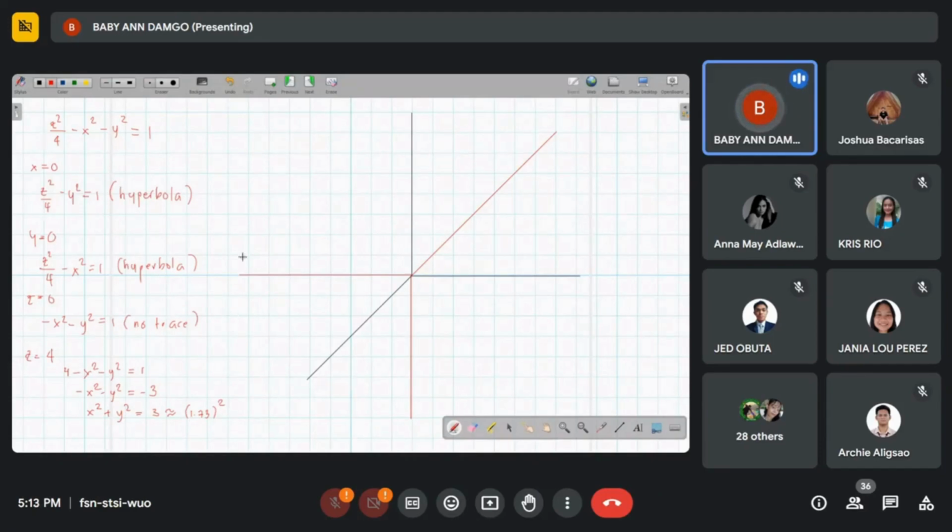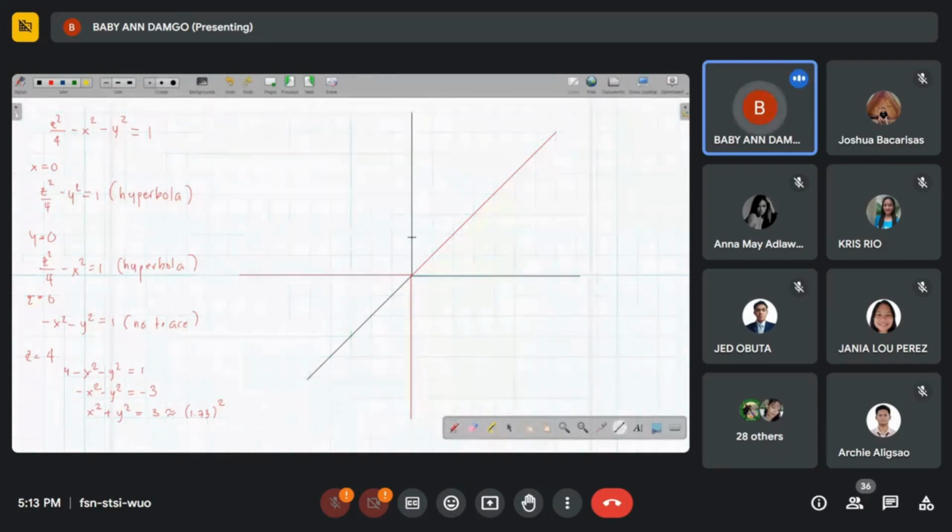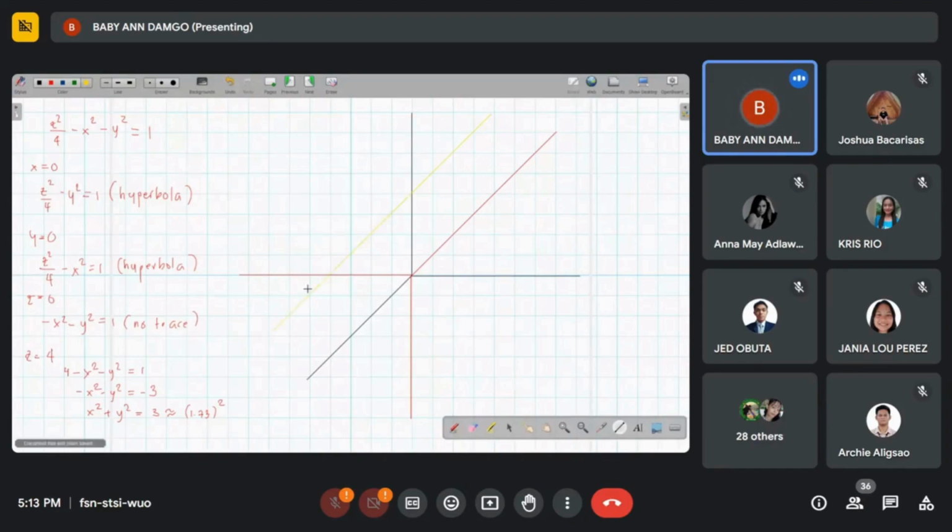Okay, para dili malapas ato ang hyperbola. So, z is 4. So, we will create an imaginary line. 1, 2, 3, 4. Okay, the same with negative 4, 1, 2, 3, 4.